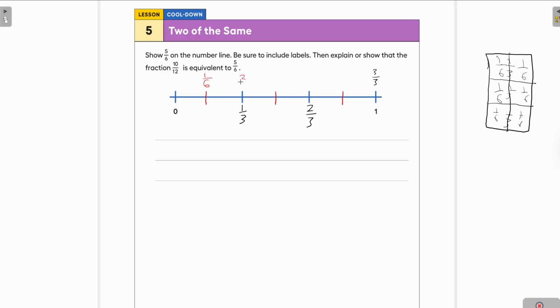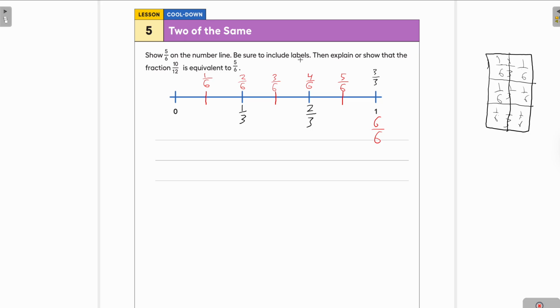Here I have 2/6. Here I have 3/6. 4/6. 5/6. And now I have 6 out of 6 here. 1 whole.